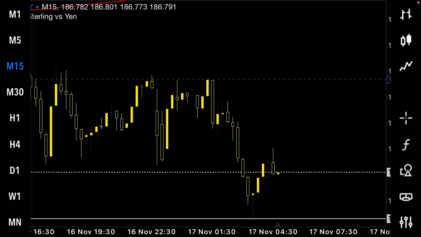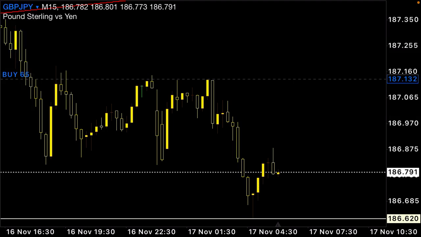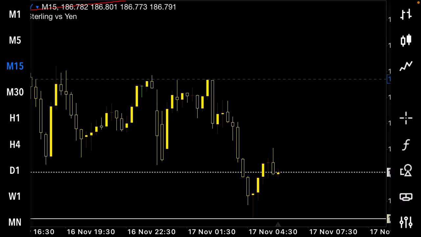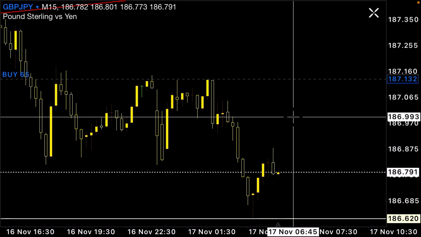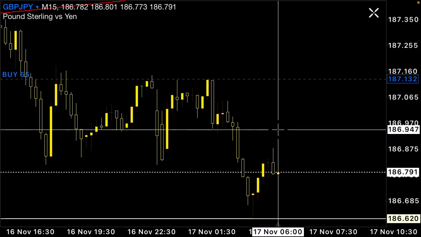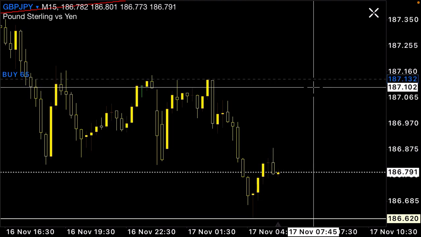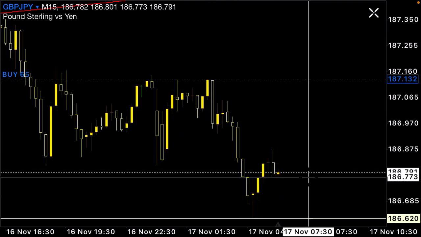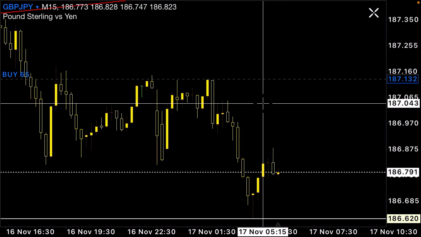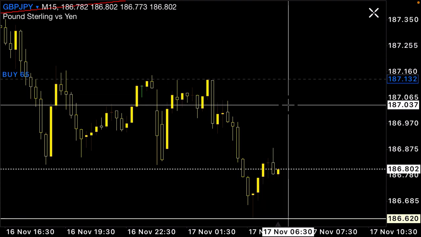When I tap on it, it only stays visible for a couple seconds and then it disappears. So if I tap on the crosshair, there it is. It shows back up on the screen. It's a nice tool to be able to pinpoint some stuff. And then top right hand corner, once again, tap on that X and it'll disappear.